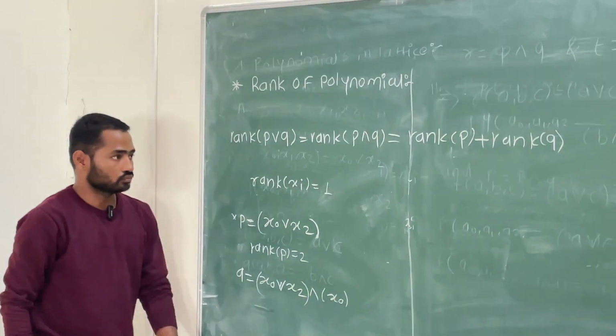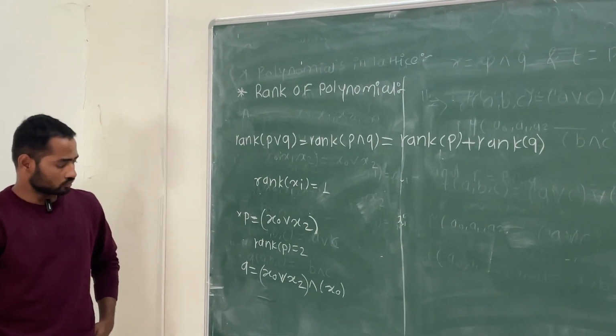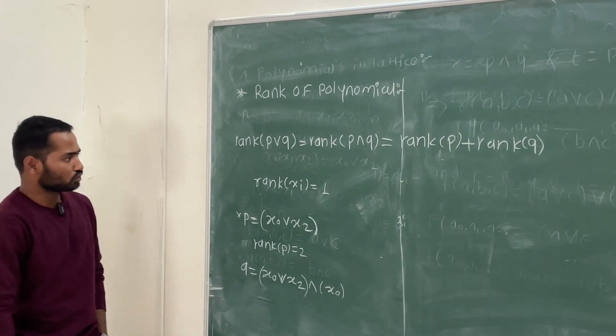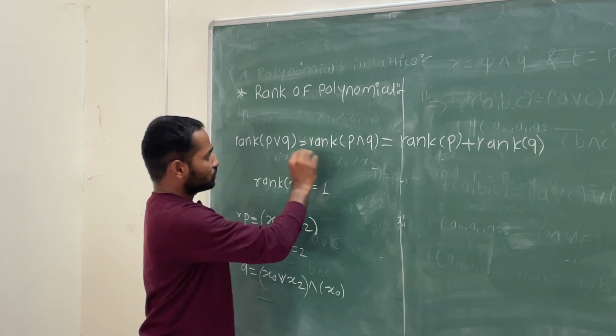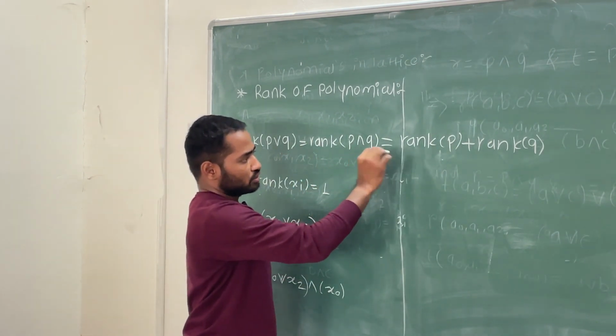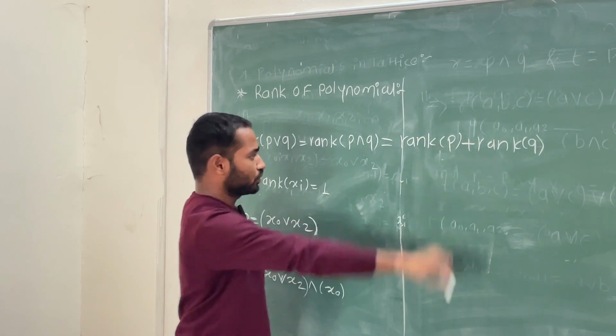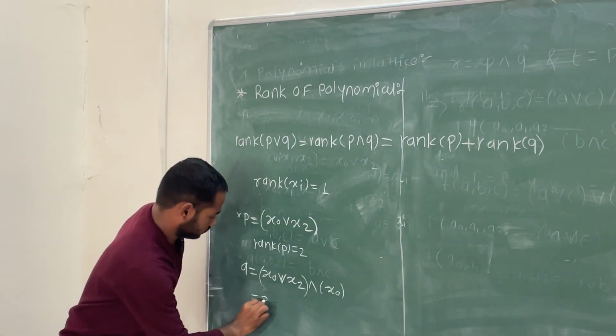Now, what is the rank of this polynomial Q? According to this definition, rank of P join Q, rank of P is equal to rank of P meet Q, which is also equal to rank of P plus rank of Q. So it should be 3, right?